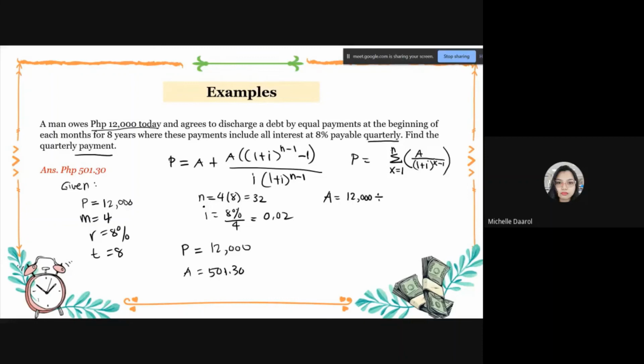Divide nato sa kaninang expression, summation of, ang annuity, iset nato as 1, and then 1 plus i, the i here is 0.02, raised to x minus 1, and then x equal to 1 when n is 32. Solve for A.